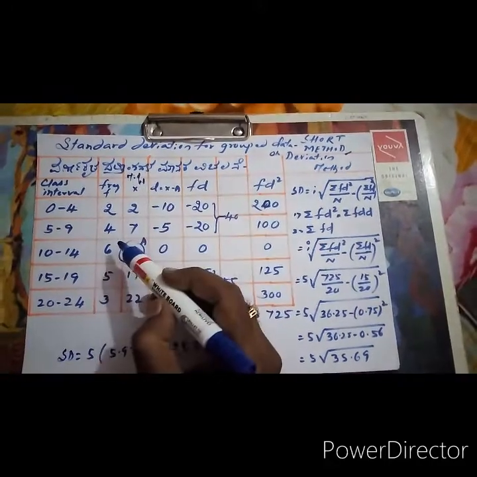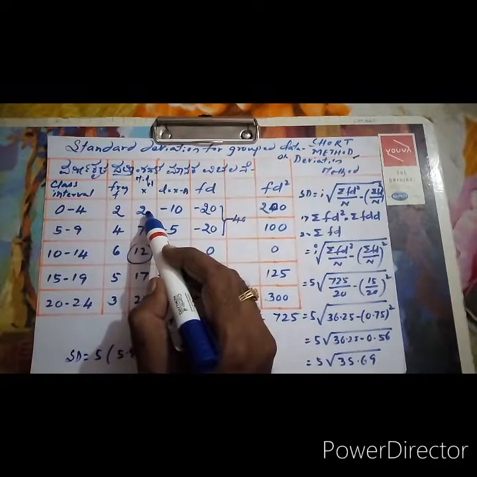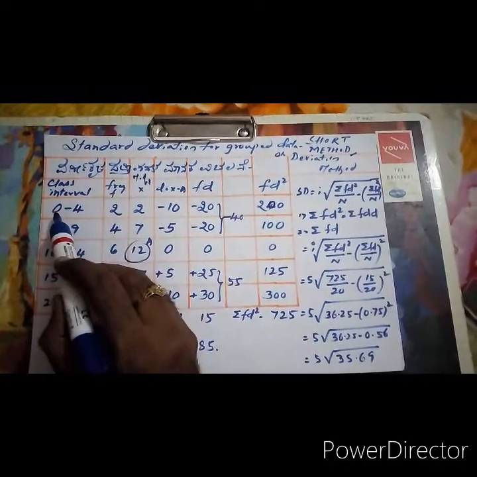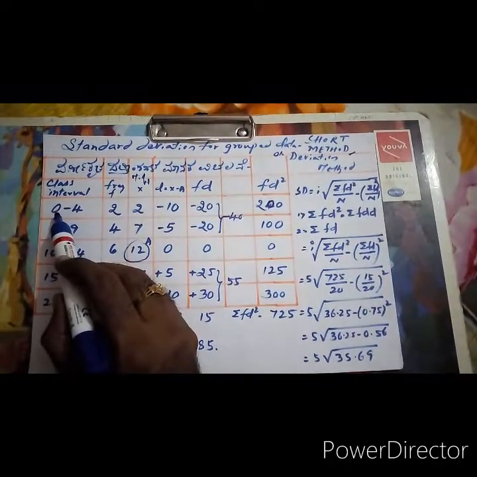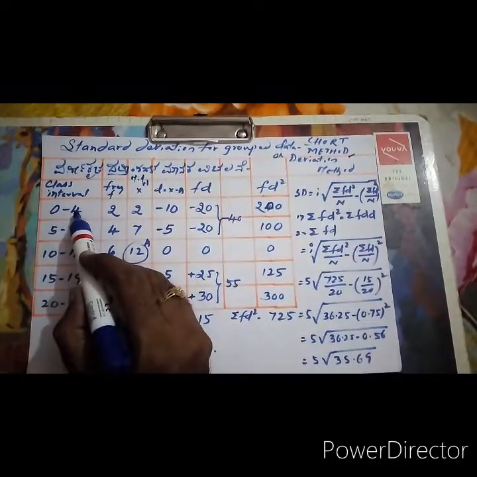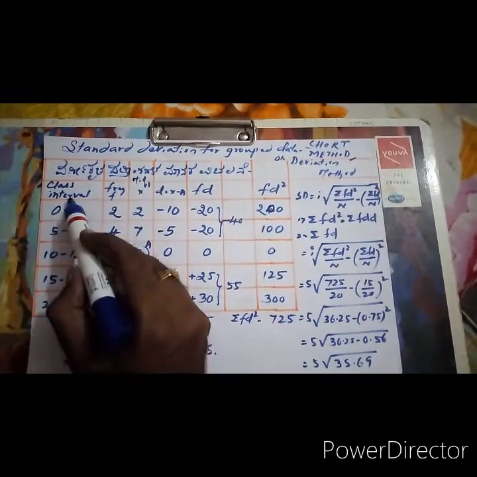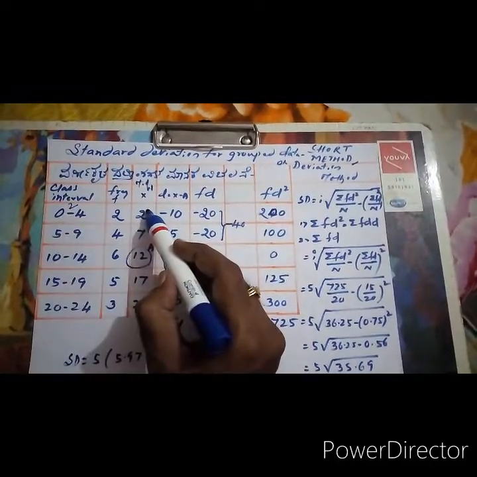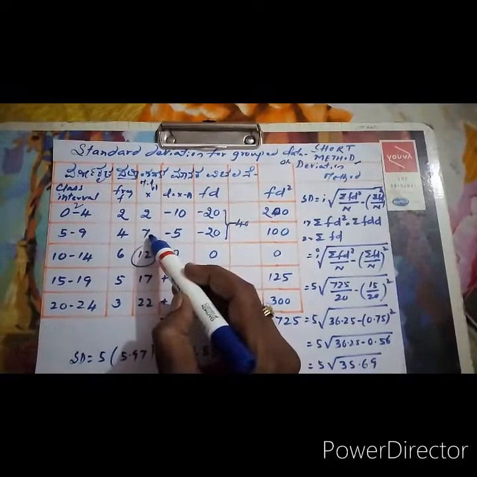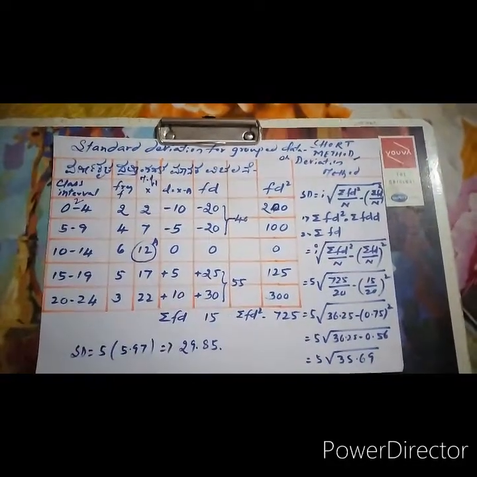In most of the examples, the midpoint is exactly the middle value of the first class interval, that is 0 to 4, that is 0 1 2 3 4, so 2 is the midpoint, with a difference of 5: 7, 12, 17 and 22.